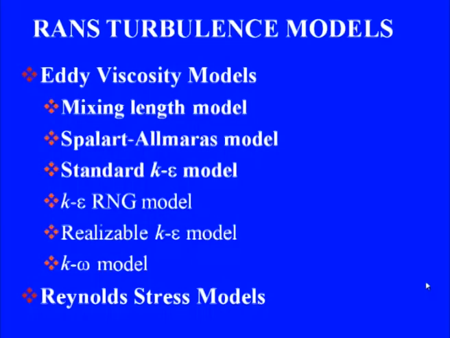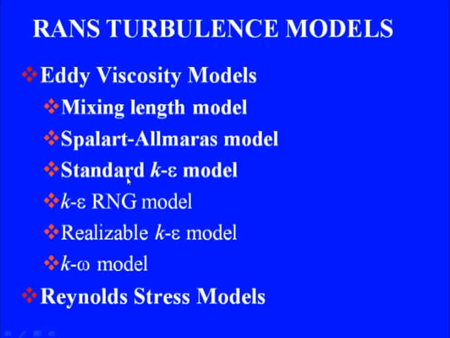In this list, the mixing length model is what we call a zero equation model, the Spalart-Allmaras model is a one equation model, and the standard k-epsilon model is a two equation model. The standard k-epsilon, k-epsilon RNG, realizable k-epsilon, or k-omega models are all two equation models.